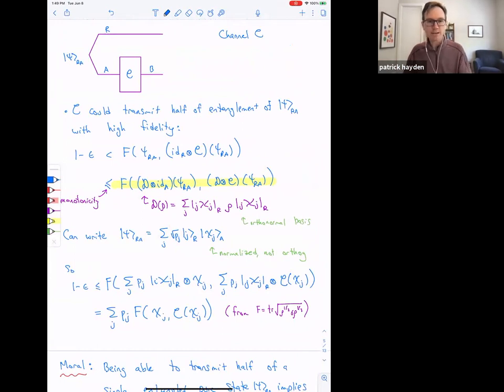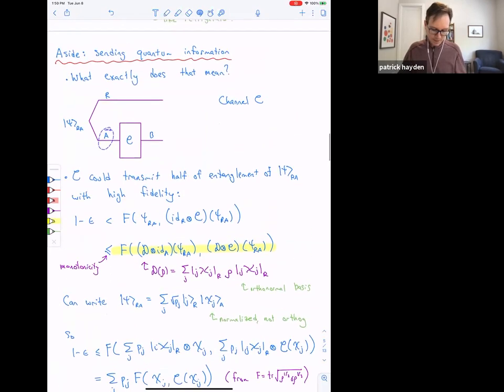If I send a pure state, I can look at the density operator of that pure state on the A system, and the ensemble ambiguity property that we've discussed a number of times tells us that there are an infinite number of different ways to expand that density operator in terms of a mixture of pure states. And what we found is that the channel is going to transmit those ensembles on average with high fidelity in every single case. So regardless of the ensemble that you choose, when you expand your density operator, it's going to go through the channel. It's going to be transmitted with high fidelity.